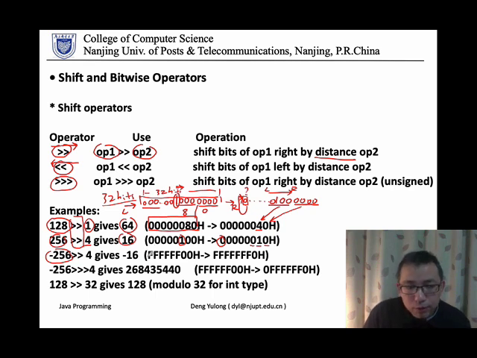so minus 256 will look like this number. The F stands for 1 1 1 1. Okay, so we have this number, and the distance is 4, so we shift from left to right by 4 bits.